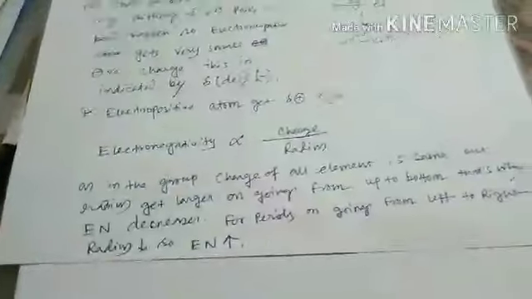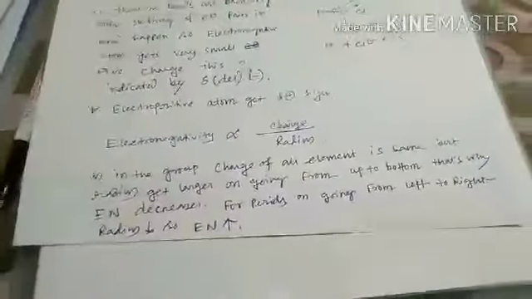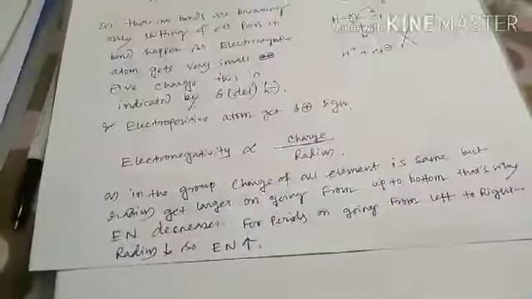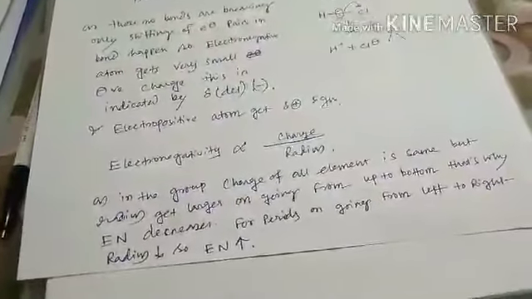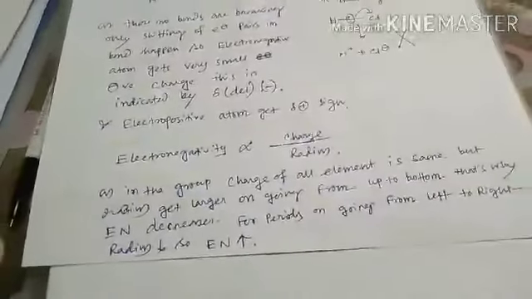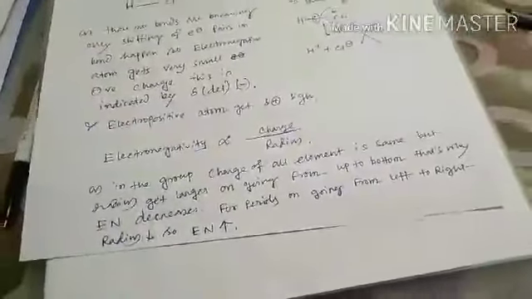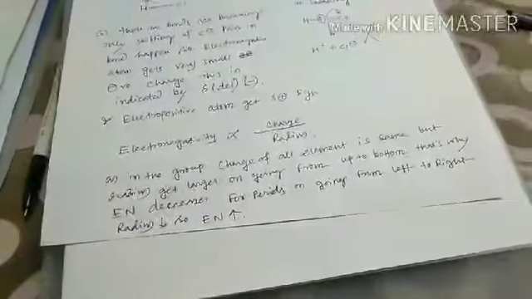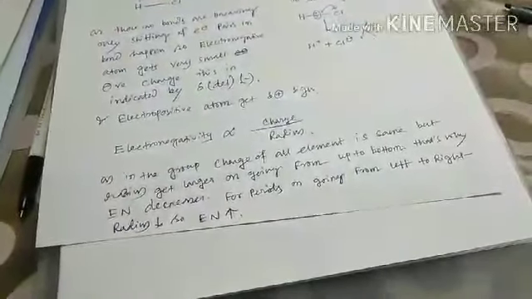The last thing about electronegativity is that the electronegativity value is proportional to charge by radius. In a group of the periodic table, the charge of all the elements is the same, but the radius gets larger going from top to bottom.